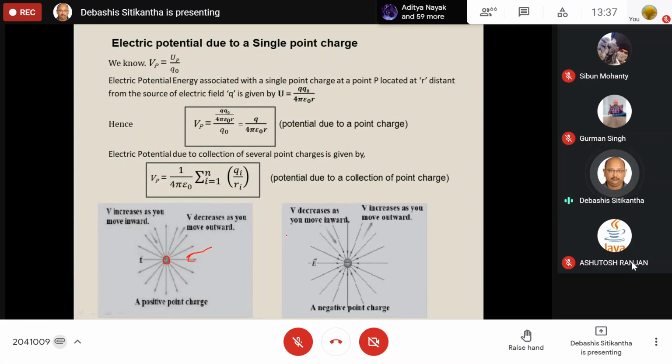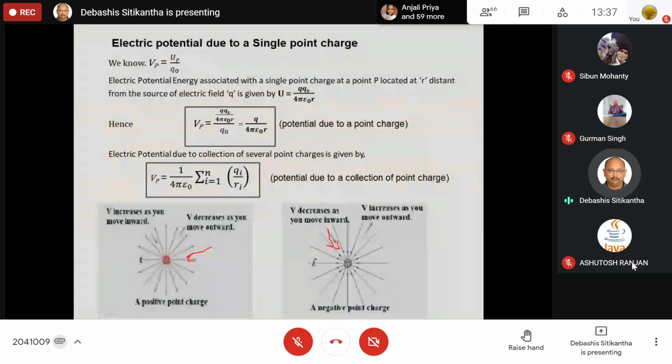So if I move towards the negative charge, my potential is definitely going to decrease, whereas if I move away from the negative charge, my potential starts increasing.